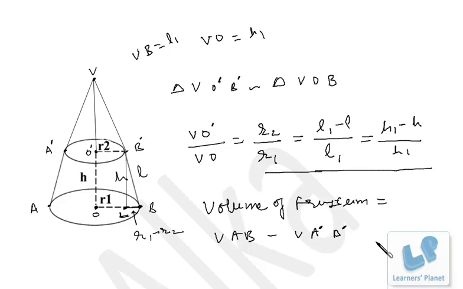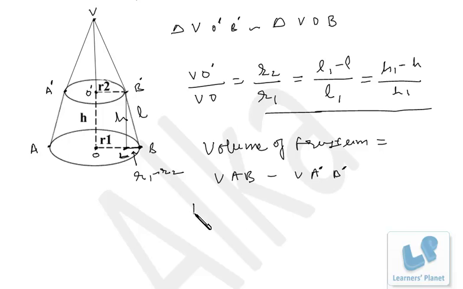Right? Now you must be knowing the volume of the cone, that is 1 upon 3 pi r square h. So I take common 1 upon 3 pi. For this VAB, r square will be r1 square and h will be the complete height VO, that is h1, minus, for this it is r2 square and the height will be the total height minus this height, that is h1 minus h.